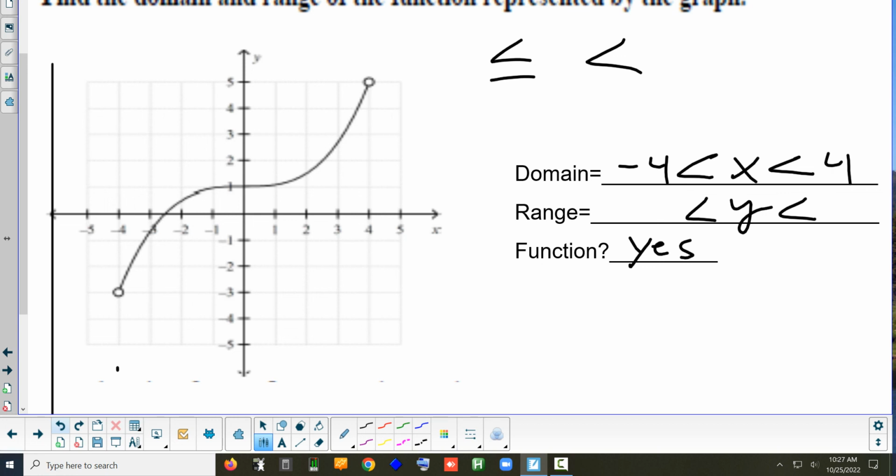Now, range is high and low. So if it helps you, put a line that marks how low the graph goes, and put a line that marks how high it goes. And it's going to go through every single number in between. So how low does that graph go?